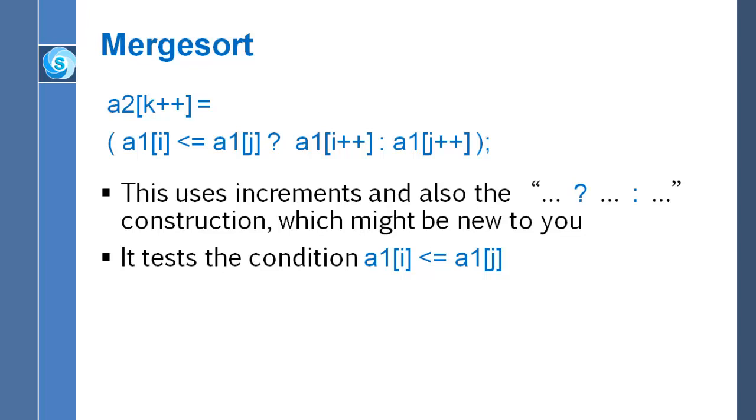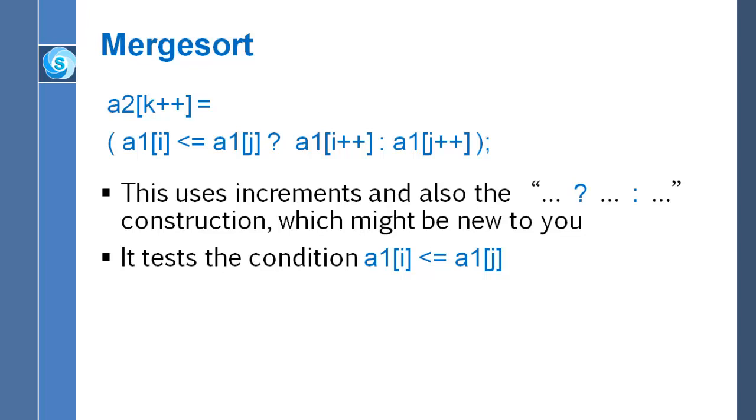In this case, it's the Boolean condition that A1 bracket I is less than or equal to A1 bracket J. Okay? If that condition happens to be true, then whatever comes after the question mark will be selected. Okay? But if the condition is false, then what comes after the colon will be selected.